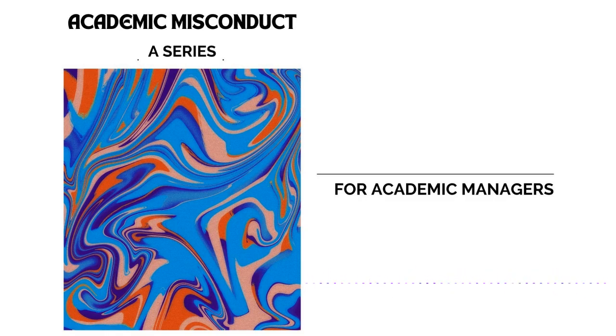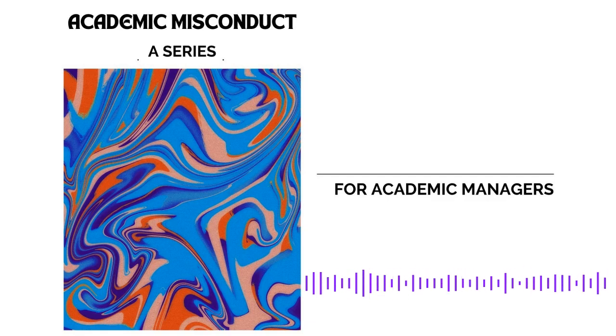Tip 9. Aim for consistency and use the regulations with care and transparency. It's very important to recognise this is an emotional issue. Our role as academic managers is to apply the policy to the letter. So make sure, every university is a bit different, but make sure that you have that policy in your head.